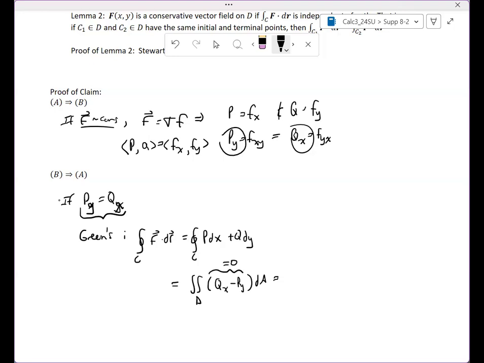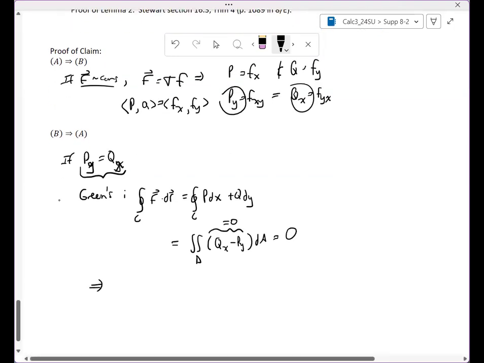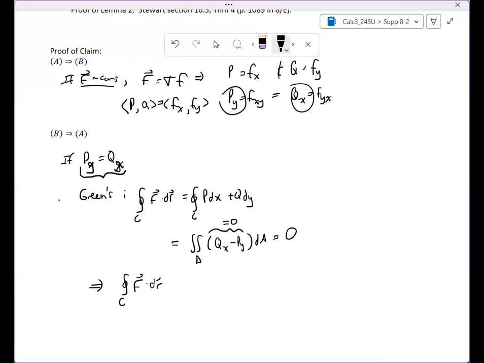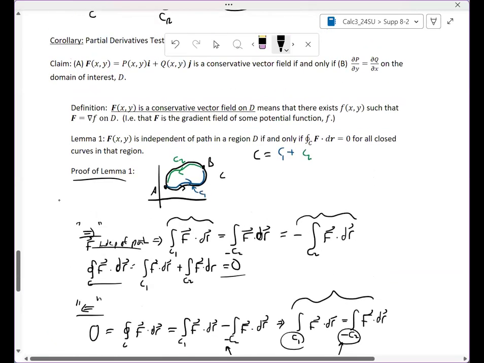My integrand is just 0 everywhere. I just have 0 times some area. That's just 0. But what does this say? This says that the integral over any closed curve of F dot dr is 0. That implies F is independent of path.